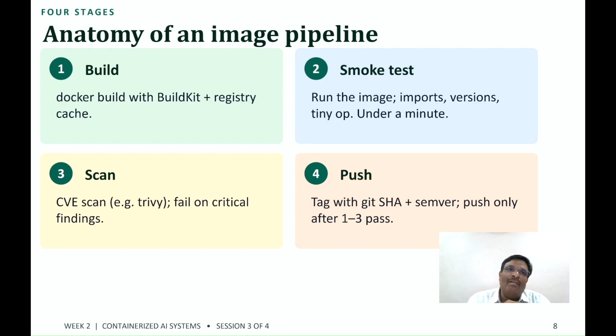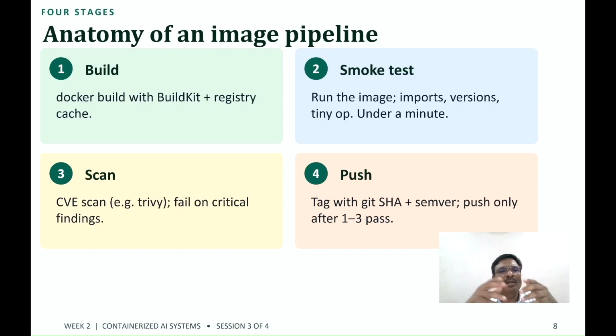We would require that. But for the time being, we need to build, run the image, then check any imports needed, versions. All of this very, very fast we should be able to do as the smoke test.